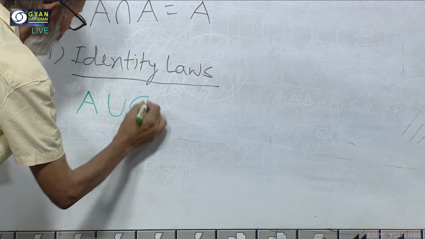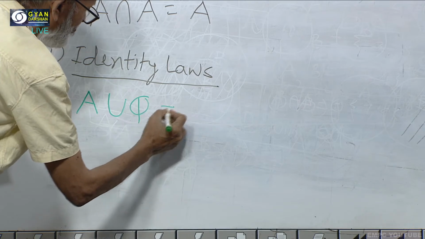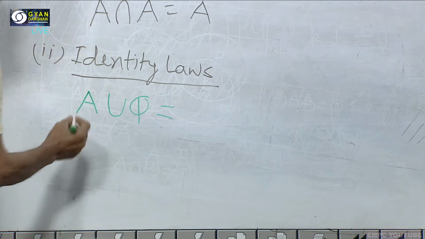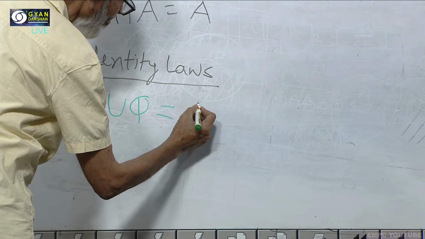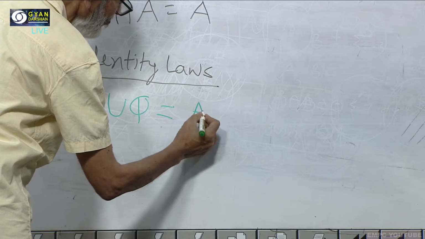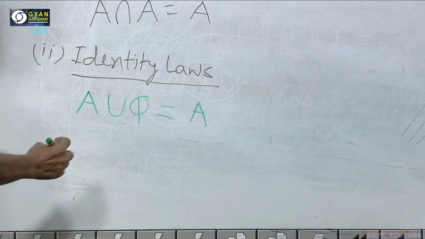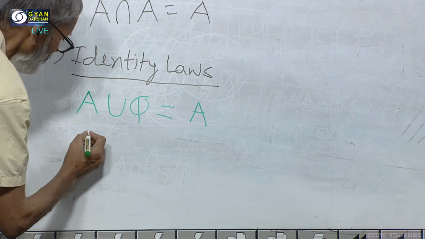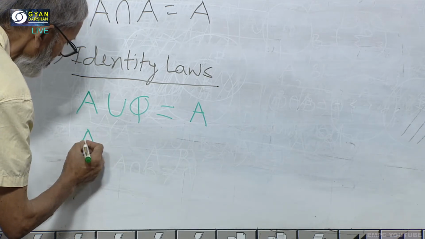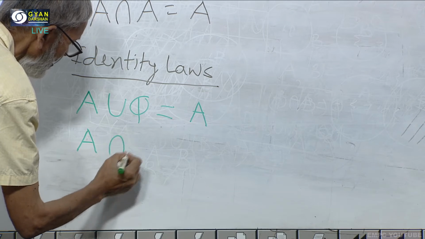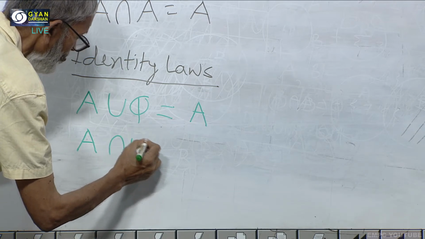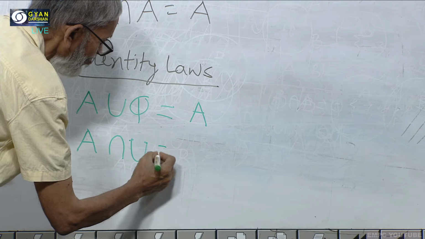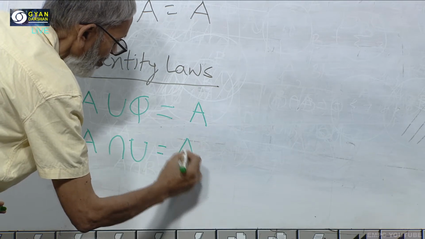A union phi, phi is the empty set. So, A union phi is equal to A, and A intersection U, the universal set, will also be equal to A.